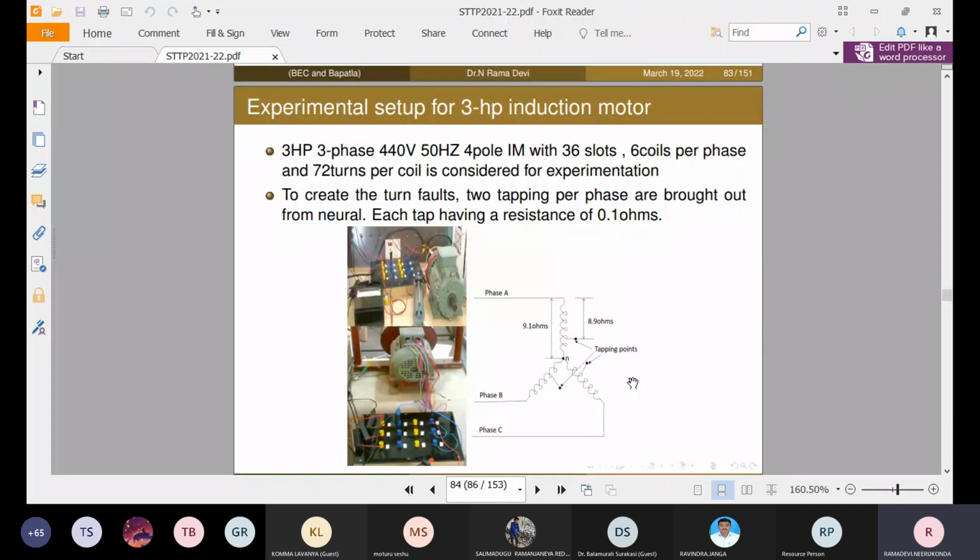The same thing we have to validate with the help of a 3 HP induction motor experimental setup. The experimental setup is made with a 3 HP, 3-phase, 440 volts, 50 Hz, 4-pole induction motor with 36 slots, 6 coils per phase and 72 turns per coil.